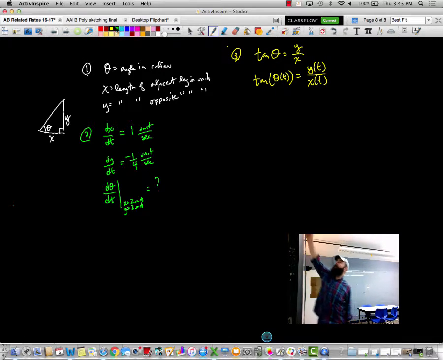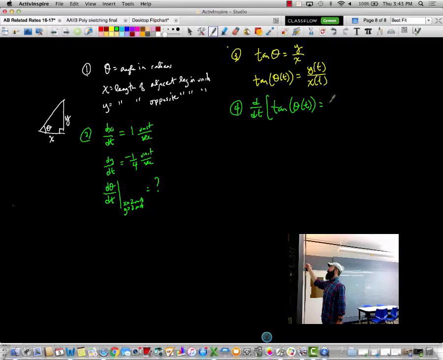So I'm going to move on to step 4, which is taking the derivative of this equation with respect to time. When I do this, it's going to be chain rule on the left and quotient rule with chain rule on the right. If you need this, you could write all this out. I'm simply going to take the derivative and you can check my work on your own. The derivative of the left-hand side, the derivative of tangent, is secant squared. You leave the theta of t alone, and then multiply by the derivative of the inside, which is theta prime of t.